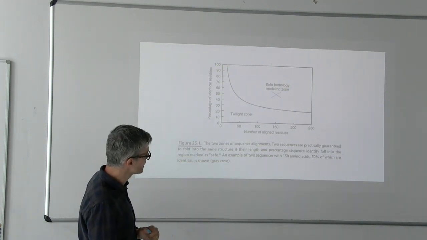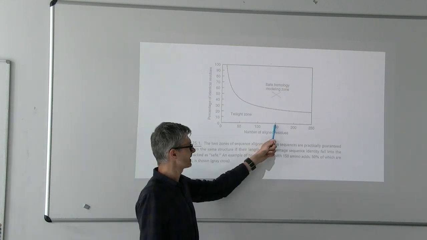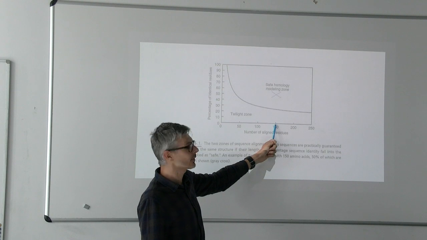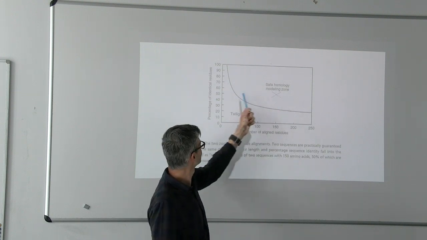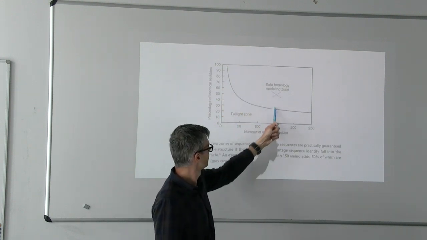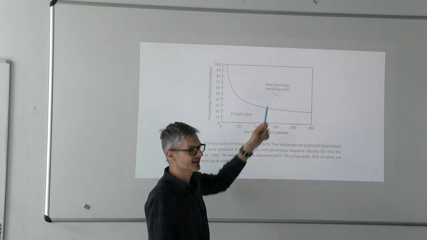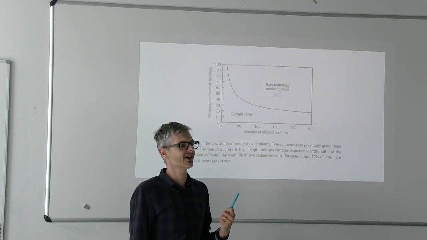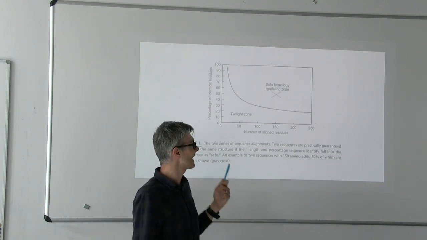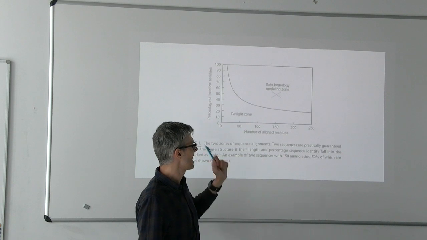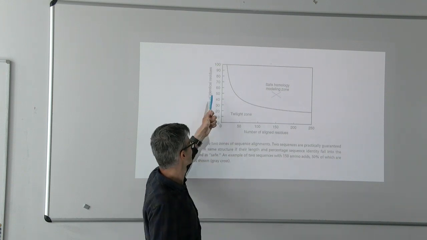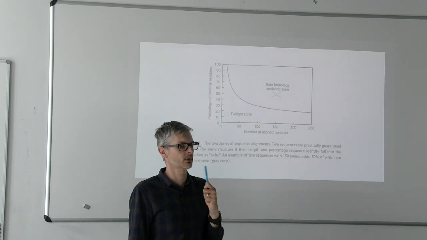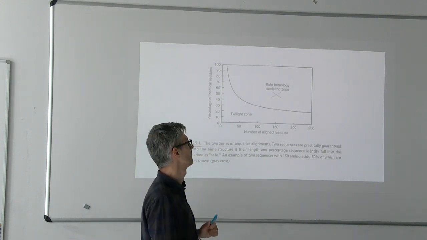You see here, if I would have a protein of 150 amino acids, and the sequence identity is 50%, which means I'm here, where the X is, I'm in a safe homology zone. Which means if I find in the PDB database, for my protein of 150 amino acids, a structure which shares 50% sequence identity, you should be able to build a reliable homology model. That shouldn't be a problem.